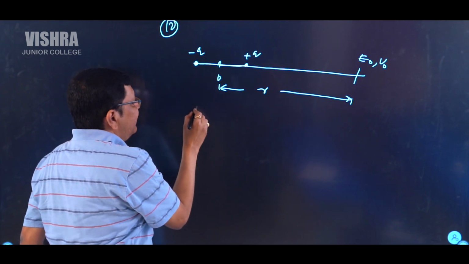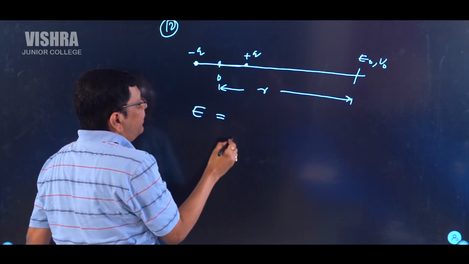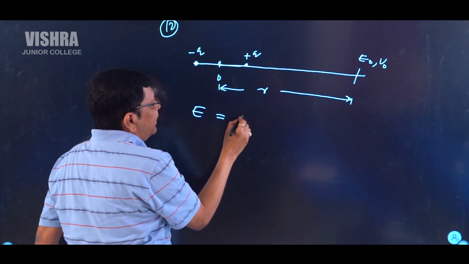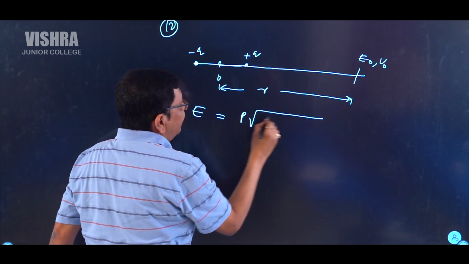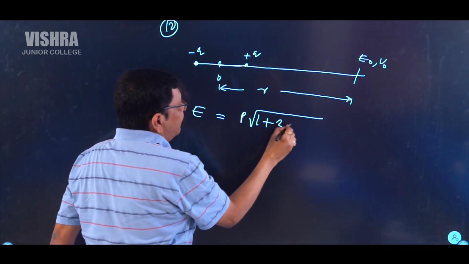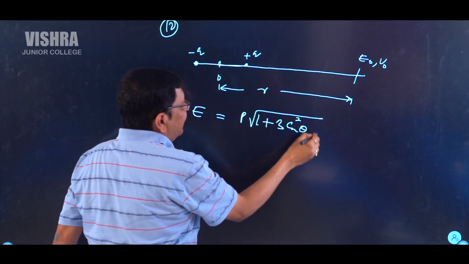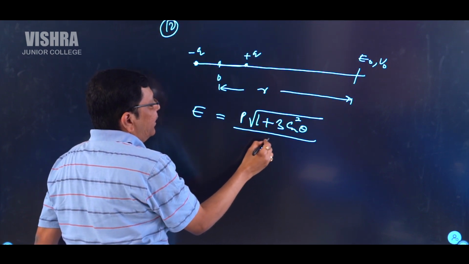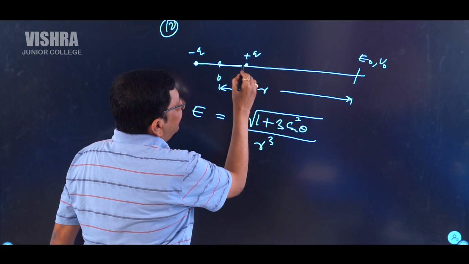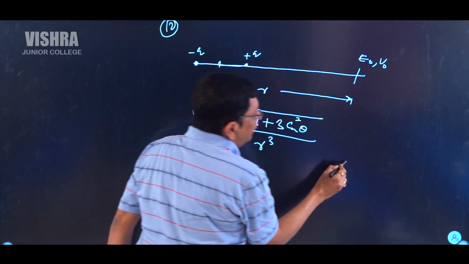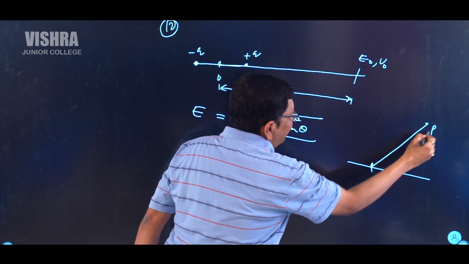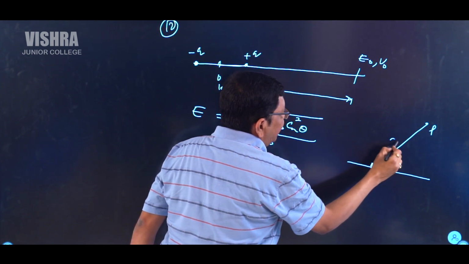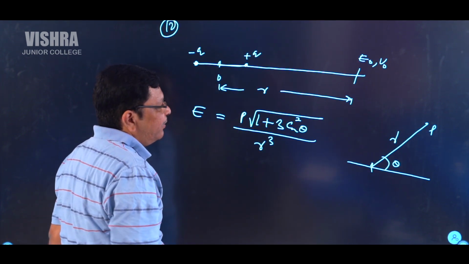Here the electric field at any point is, we can say, P into root of 1 plus 3 cosine theta square, where P is the electric dipole moment, over r cube. Here theta is the angle between the axial line of the dipole and the line to point P, where we have to calculate the electric field.